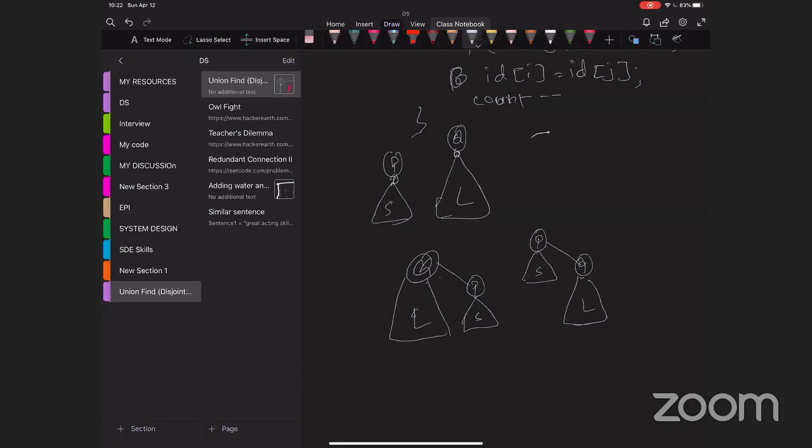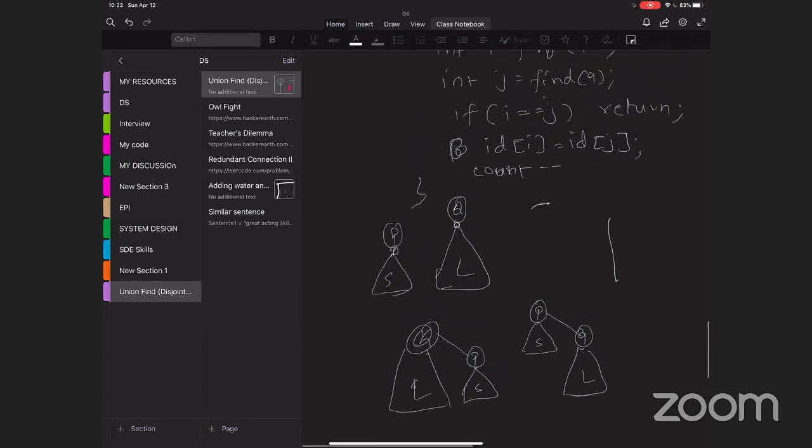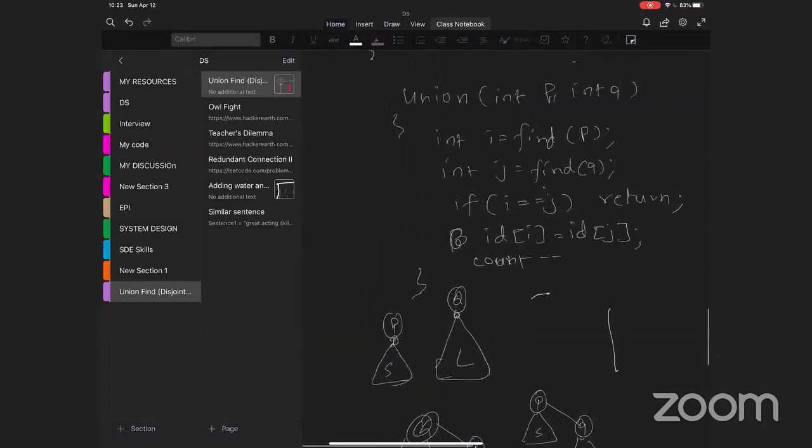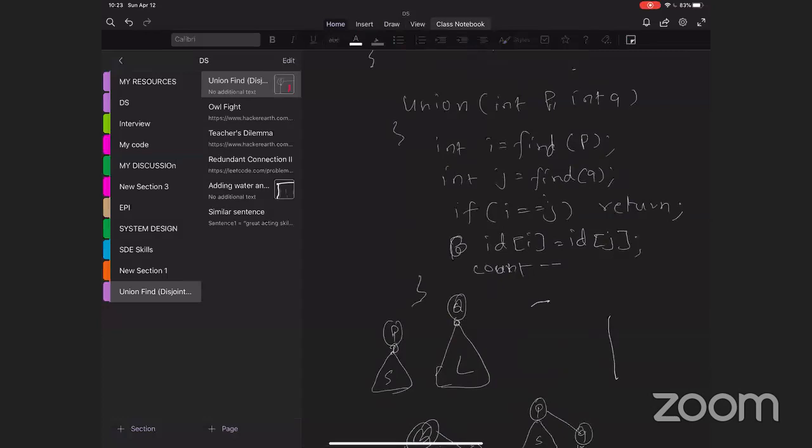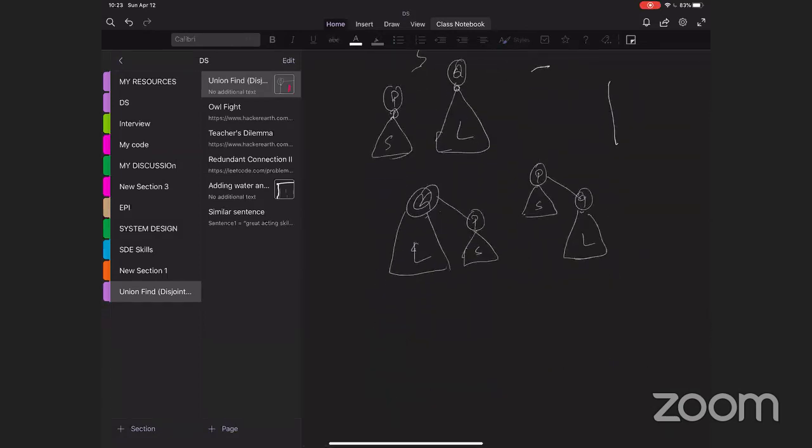Exactly. So if I somehow maintain how big my tree is, then when I do the union, instead of blindly connecting P to Q, I take the decision of which ID to make the child of which based on some other variable that I maintain.